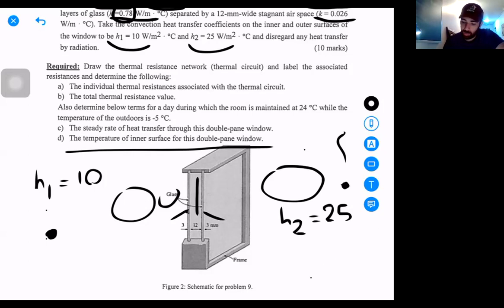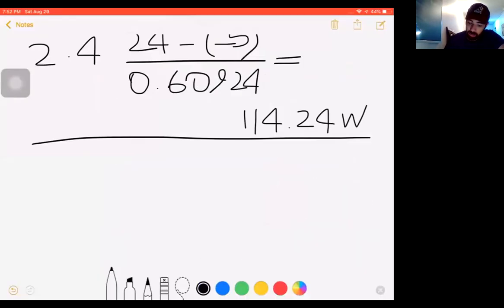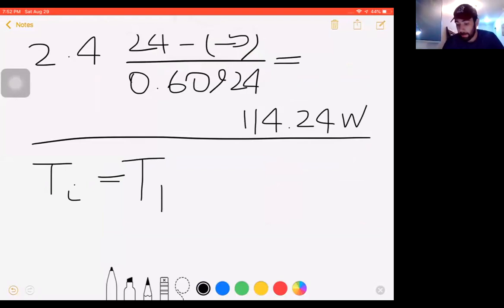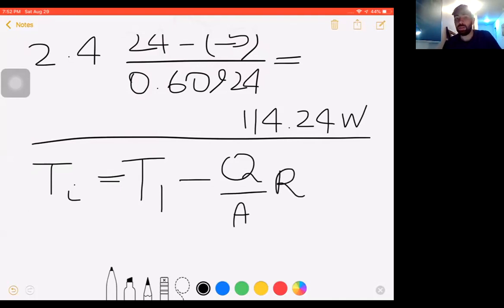Going back to the notepad, I can find the temperature at the second point, which equals the temperature at the first point, which has the highest temperature, minus heat transfer rate over area times the equivalent resistivity between those two points.